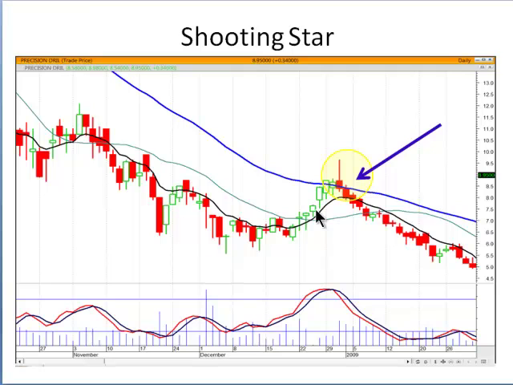The 50-day moving average provides that same scenario. Come up to the 50-day moving average, stochastics in the overbought area. They get it up through, but come right back down and close below the 50. That tells us that this downtrend is probably still in progress.